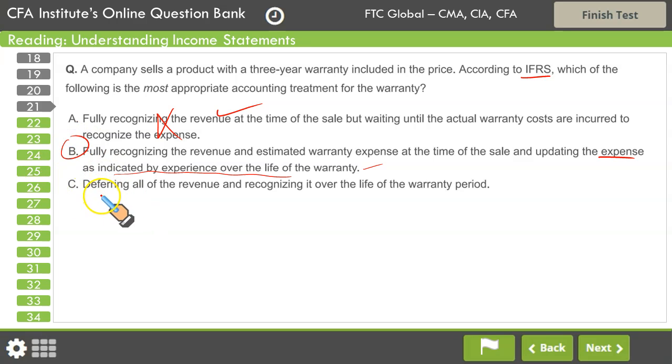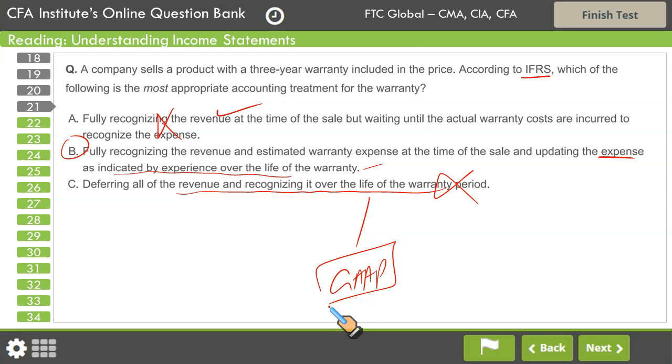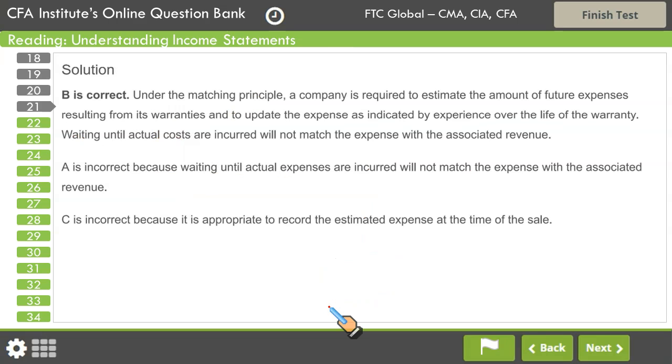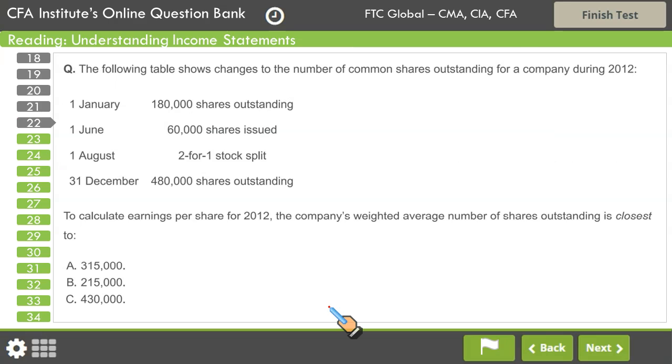What about C? Deferring all of the revenue and recognizing it over the life of the warranty period? Wrong. That is done under US GAAP if the warranty is a service-type warranty. I'm not going to delve into that in detail. We do that in CMA and CPA, not in CFA. Let me not put you in trouble. Next.